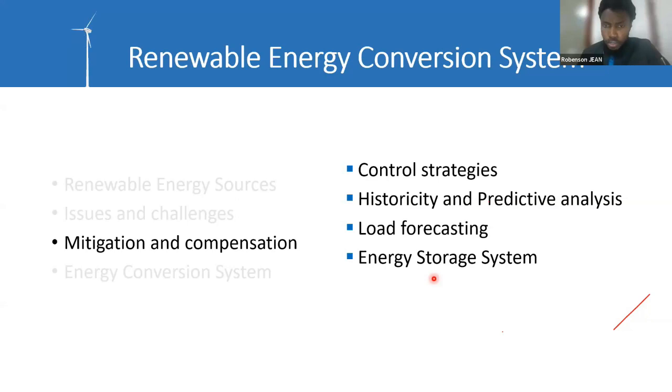Also, we can use the historicity. For instance, we can use the data for the past 10 years or for the past 20 years in order to see, for instance, in the month of September, how was the wind speed profile, or how was the irradiance profile for the sun.